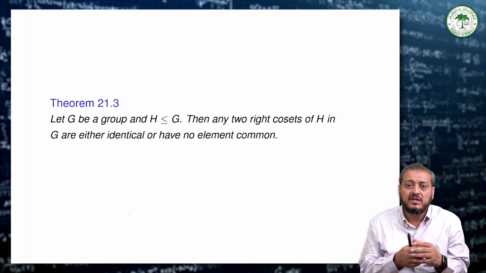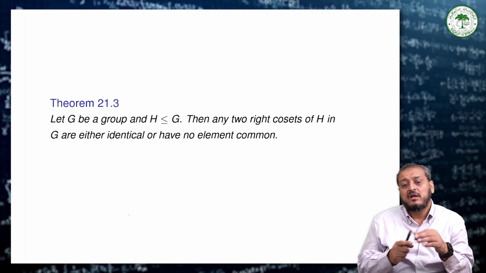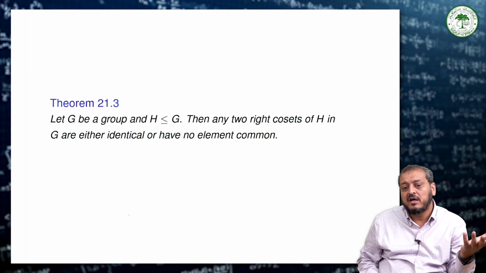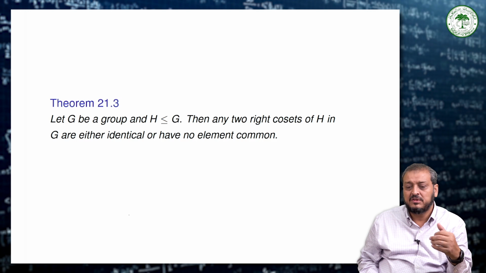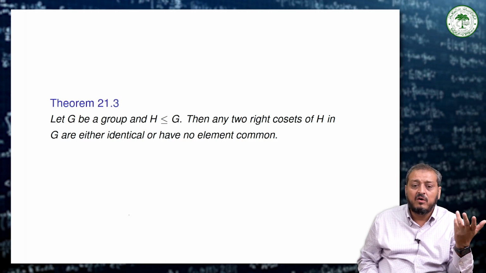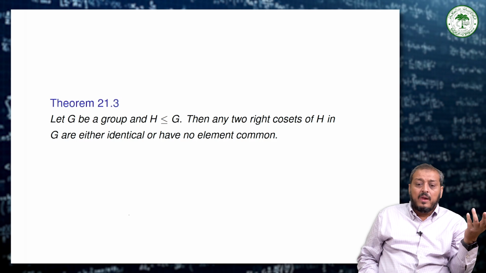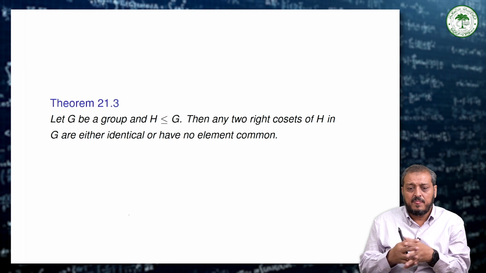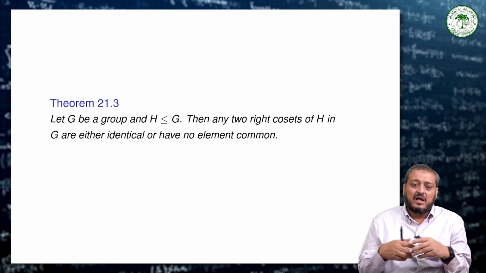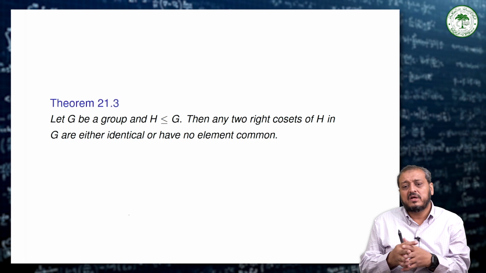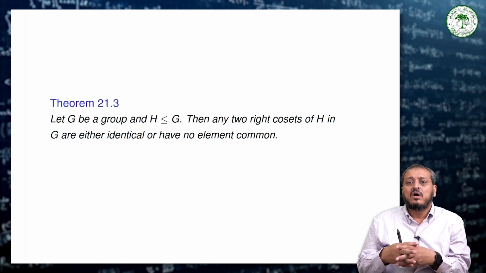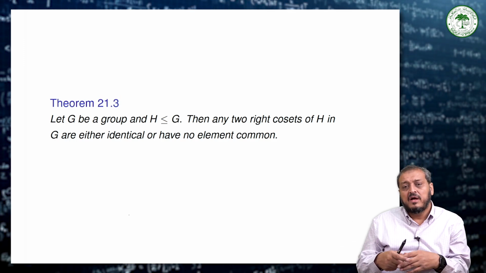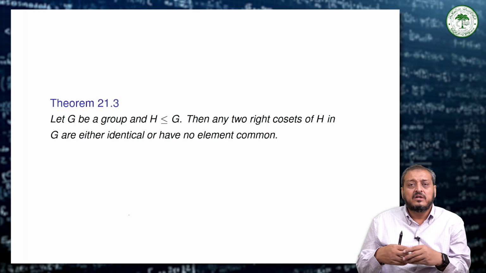Let G be a group and H a subgroup of G. Then any two right cosets of H in G are either identical or have no common elements, meaning their intersection is empty, so they are disjoint. A similar result holds for any two left cosets of H in G: they are either identical or disjoint.